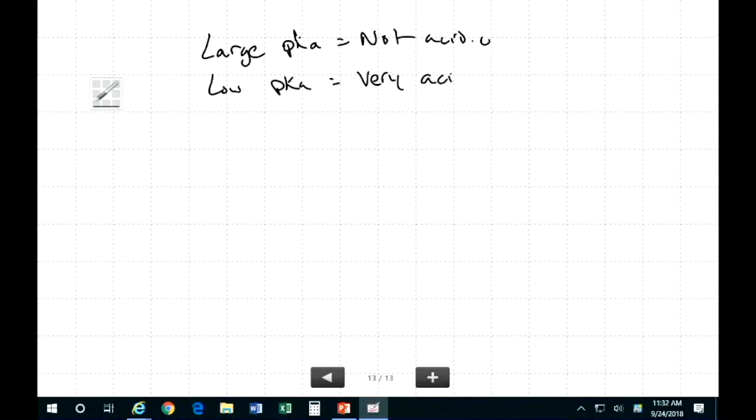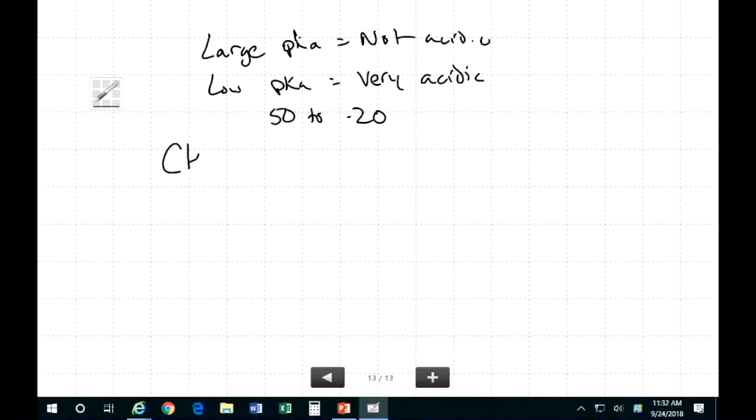So the lower your pKa, the more acidic you are. The scale roughly runs from 50 to about -20. I don't care about you knowing the numbers, I care about you knowing the trend. I'm going to give you the numbers just as a point of reference, but it's not like you need to know them.